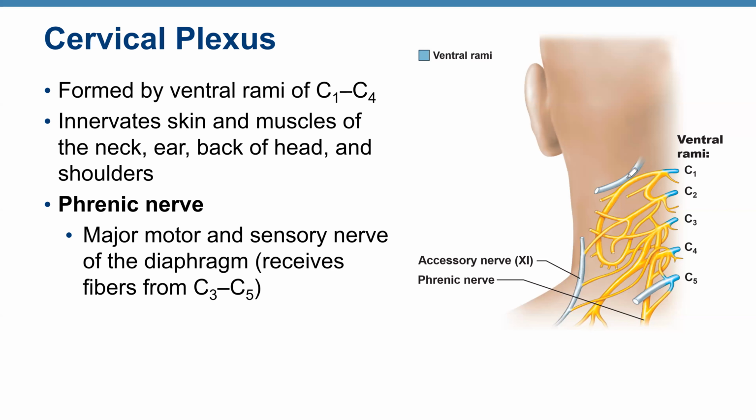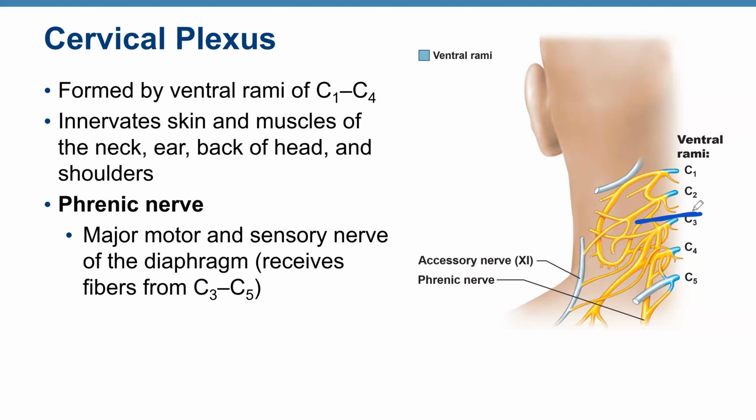Nerves that arise from the cervical plexus innervate skin and muscles of the neck, ear, back of head, and shoulders. One important nerve that branches from the cervical plexus is the phrenic nerve. It's the major motor and sensory nerve of the diaphragm, and it receives fibers from C3 through C5.